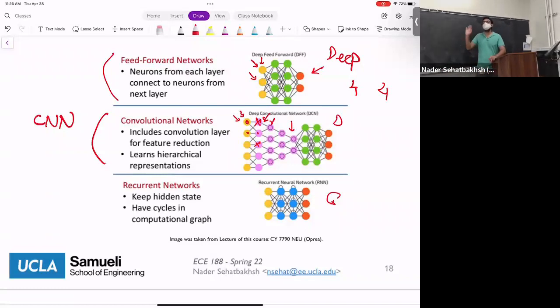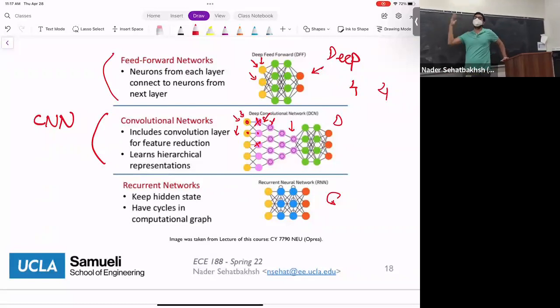Think of this as the number of multiplications and additions. Large networks with a large number of neurons mean there will be lots of computation involved. Whereas for the CNN, this number is significantly lower, because each neuron is only connected to a subset of neurons in the next layer. So the number of multiplications and additions you need to do is much, much less. That's why you usually initially use a CNN to extract only local connections between your data.